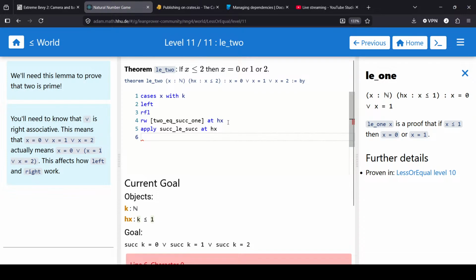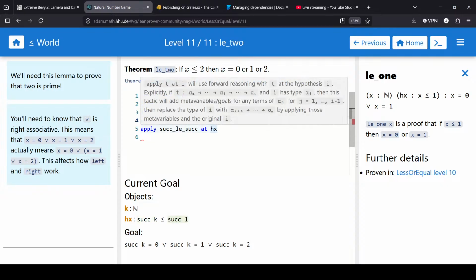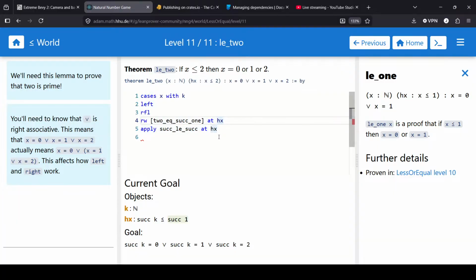Well, the thing is, oh, but maybe I didn't want to use suck le suck here then. Because, no, I did, because it has to be exactly 1. No, this is still right.